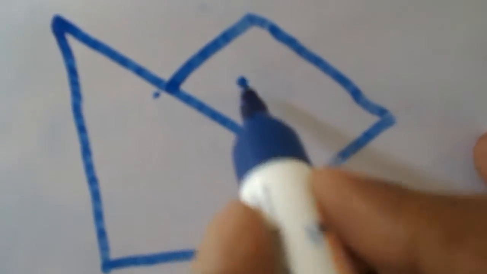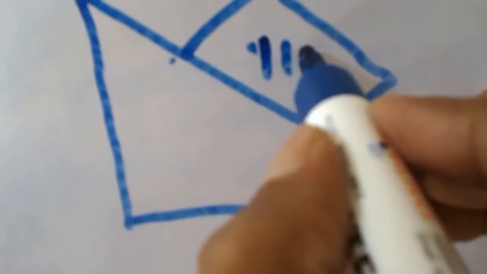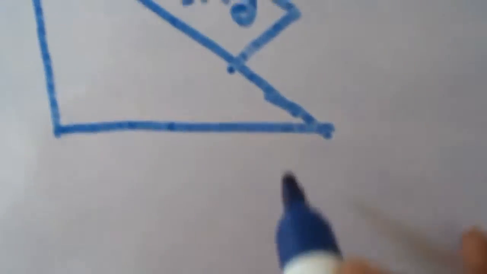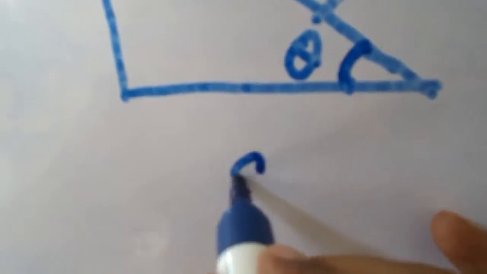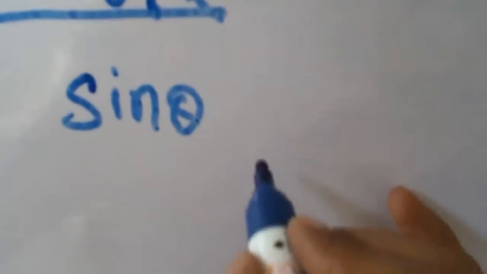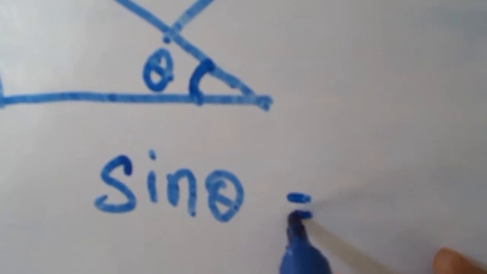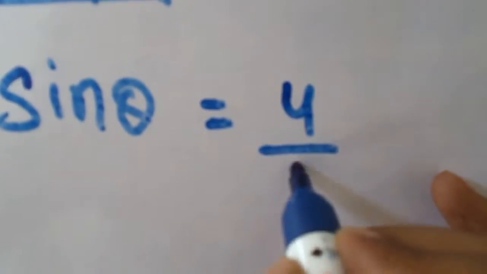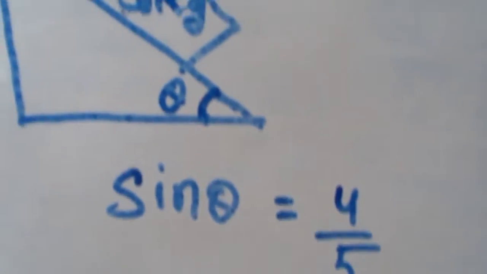Let me suppose this mass is 1 kg, this mass is 4 kg, and this angle theta is such that sin theta is equal to 4 by 5.